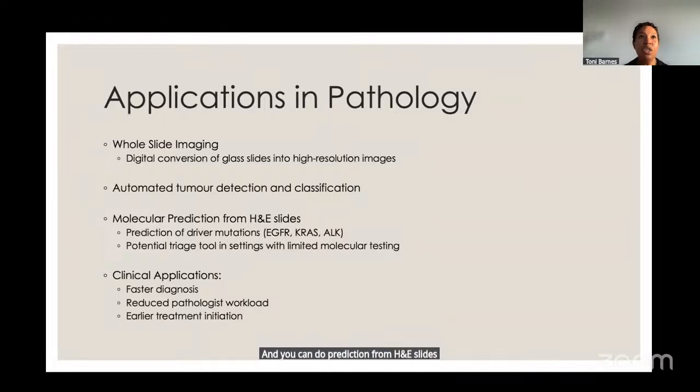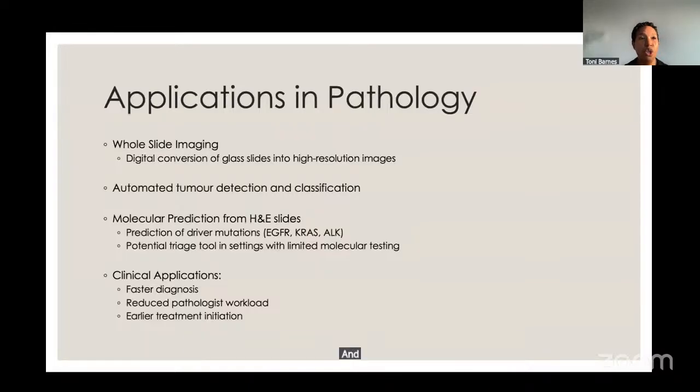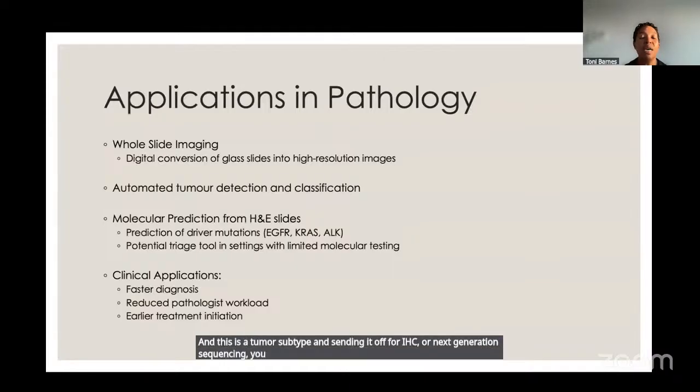So in addition to just looking and seeing that there is a tumor, and this is a tumor subtype, and sending it off for IHC or next generation sequencing, you can now predict a driver mutation from the appearance on H&E slides with the use of AI. And this is a significant benefit.